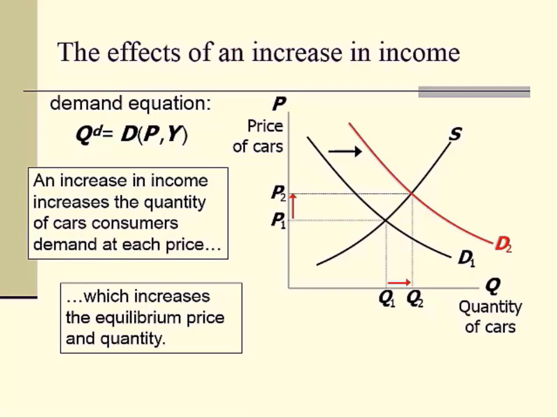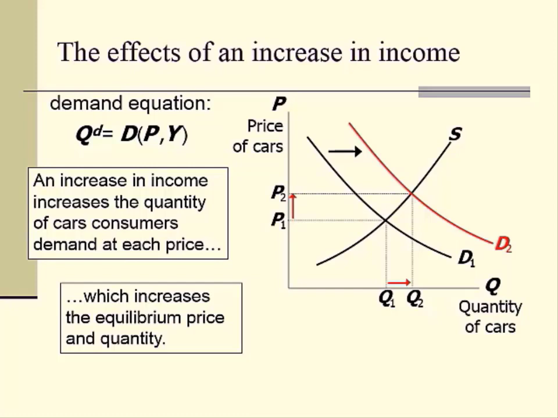That is, this simple supply and demand model helps you predict the effect of an increase in income, and how it leads to higher prices and higher quantity transacted in the market at the end. In other words, the amount of sales of new cars should increase and the price of new cars should increase when there's an exogenous increase in aggregate income.